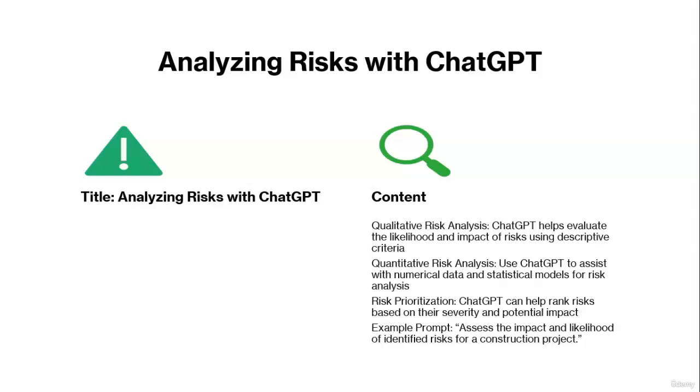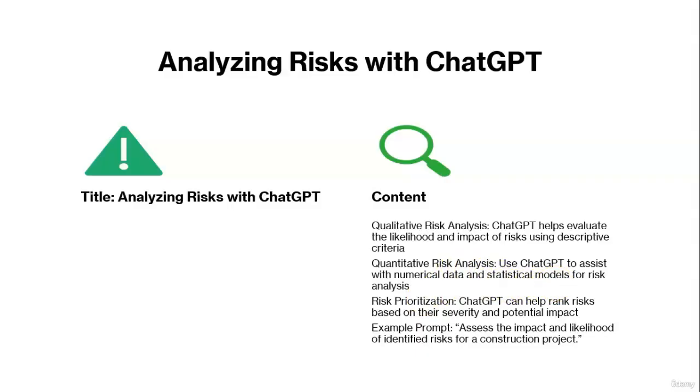You can give a prompt like: assess the impact and likelihood of identified risks for a construction project, and ChatGPT can help categorize them into high, medium or low risk. Quantitative risk analysis: for more data-driven analysis, ChatGPT can assist with numerical data and statistical models.